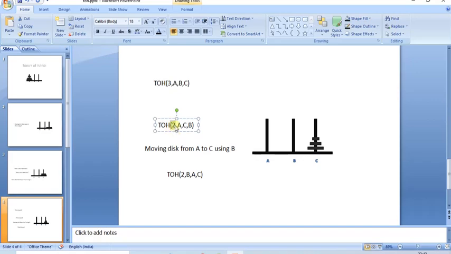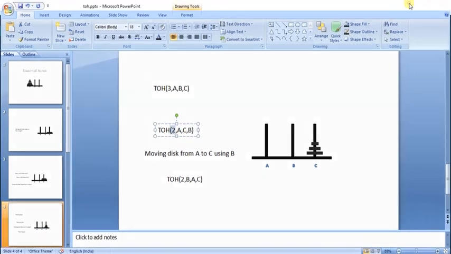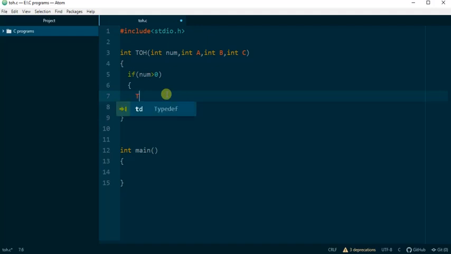So 2, then A, C, B. First of all we are going to write here Tower of Hanoi, then it should be 2, meaning num minus 1, it will keep on decreasing.